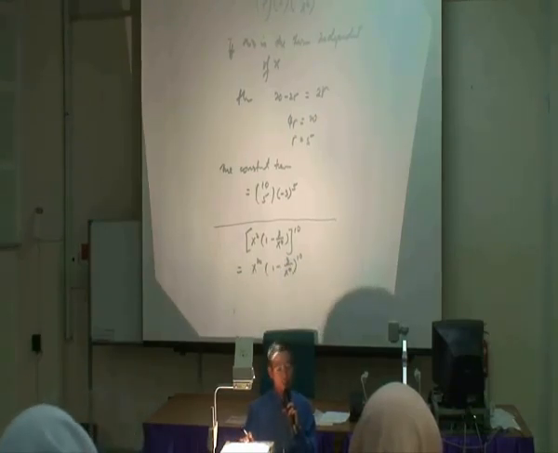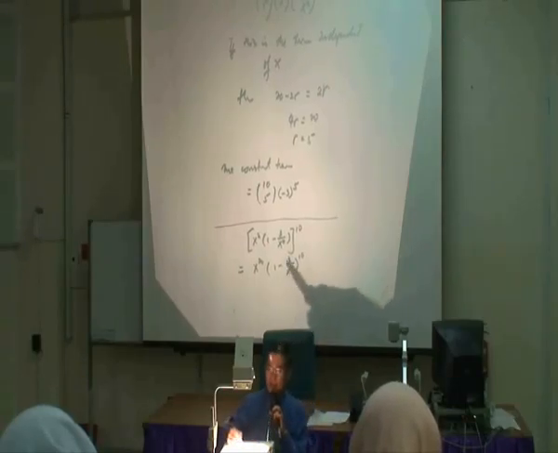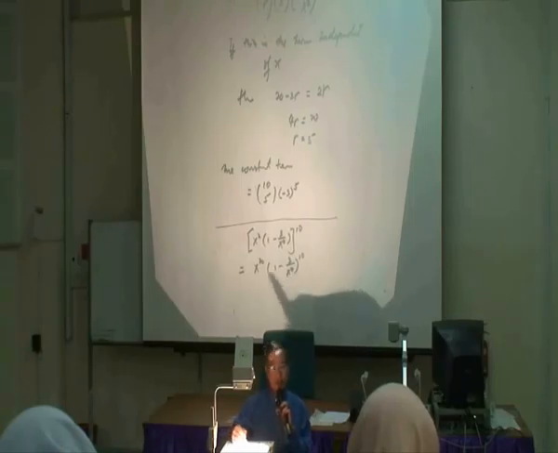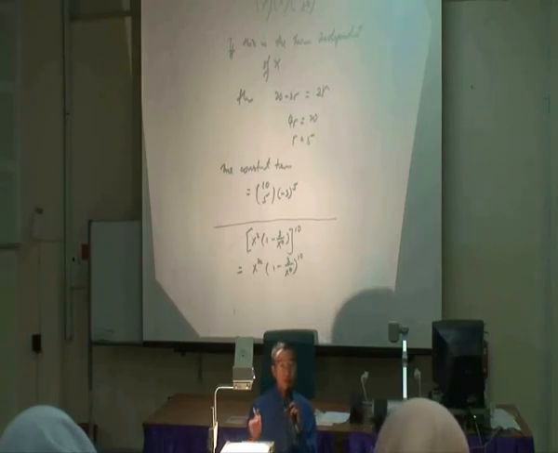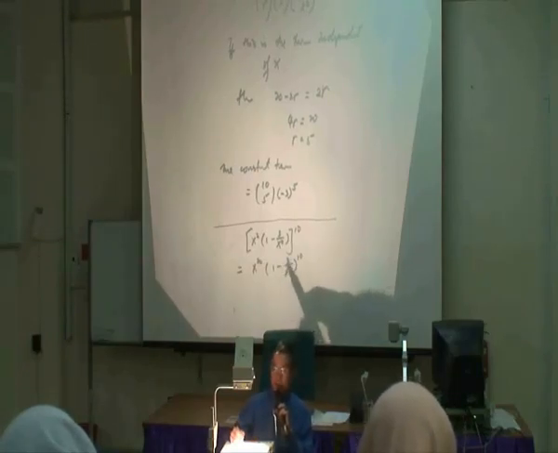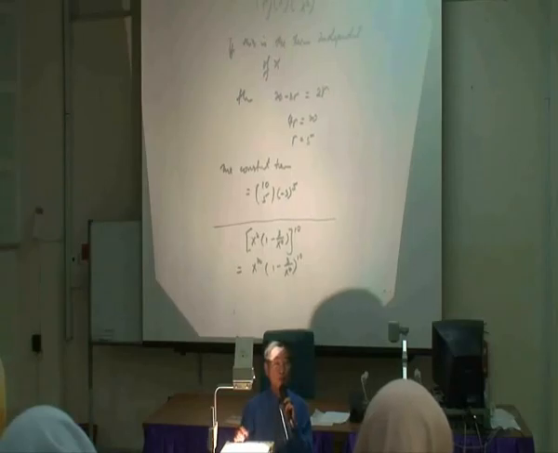So to get the term which is constant, that is independent of x, you need 3 over x to the power 20, to cancel with this x to the power 20. Can you see that? You need the term that contains 3 over x to the power 20.